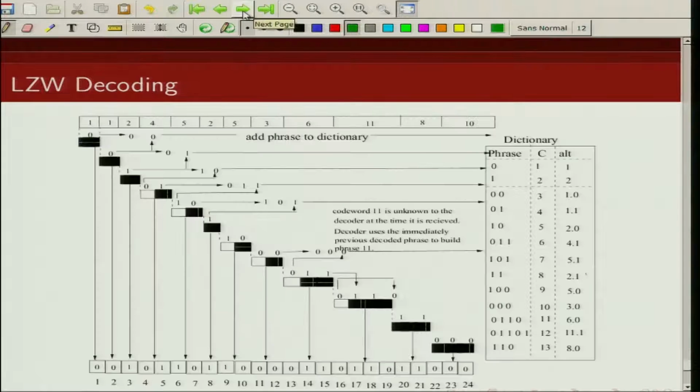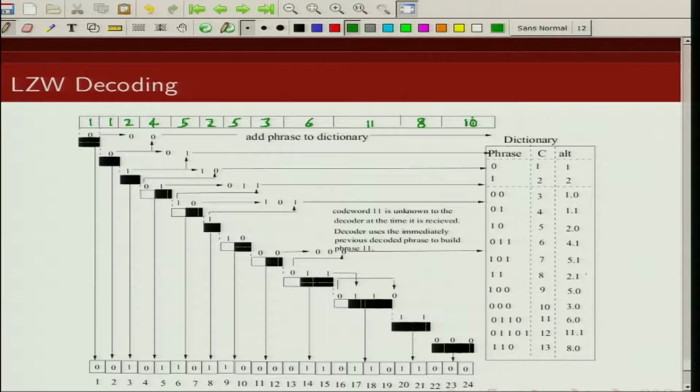So let's look at the decoding. What we have received is this: 1 1 2 4 5 2 5 3 6 11 8 and 10. This is what we have received.